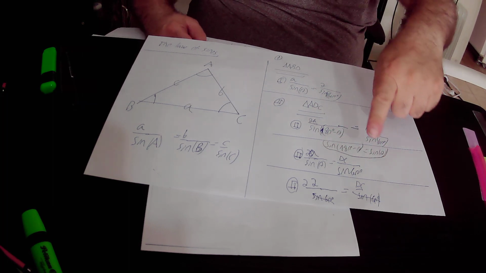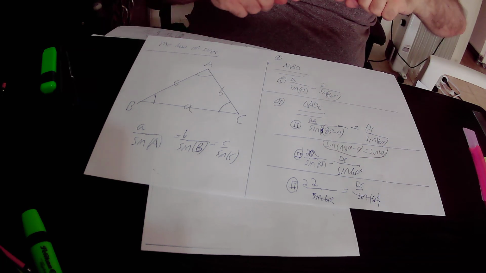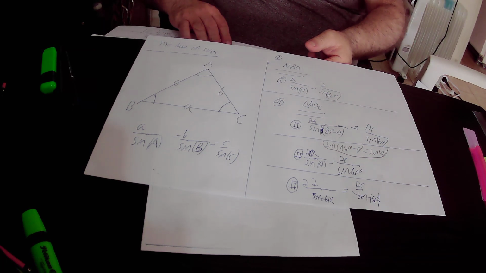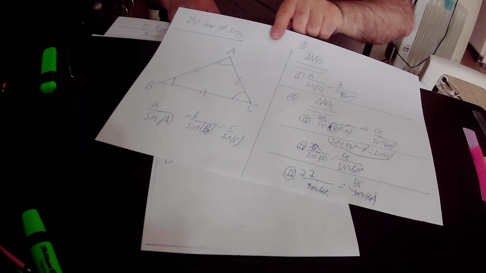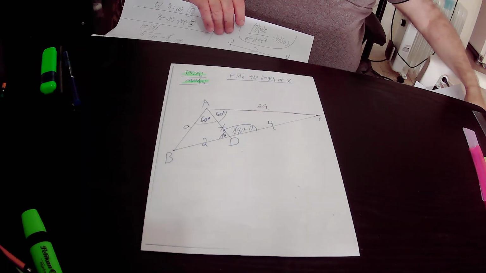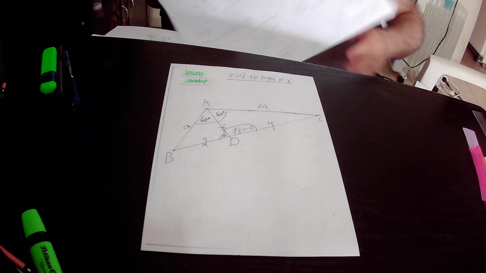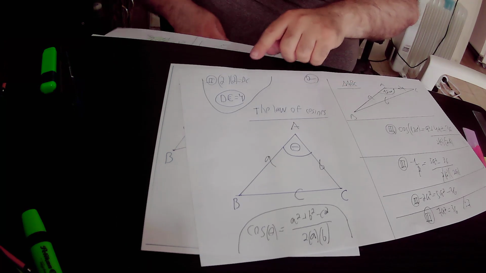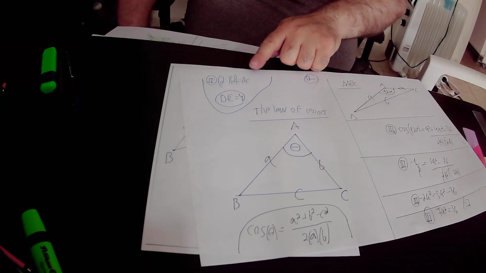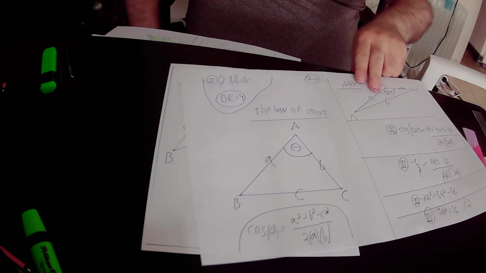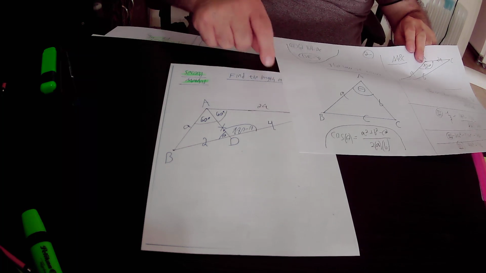We have sine 60 degrees on both sides of the equation, so sine 60 degrees will get cancelled. And we found out finally that DC equals 2 times 2, that is to say DC equals 4 units.